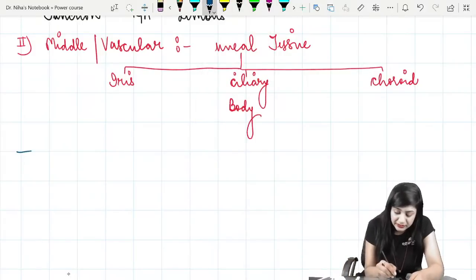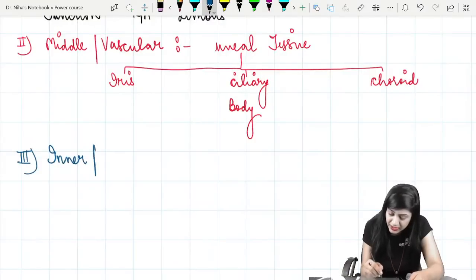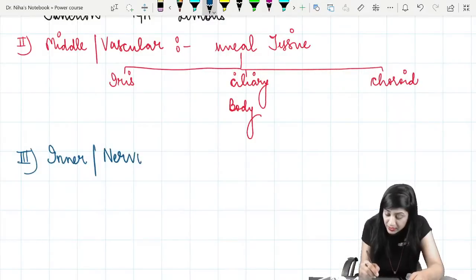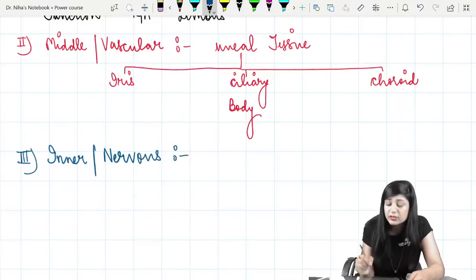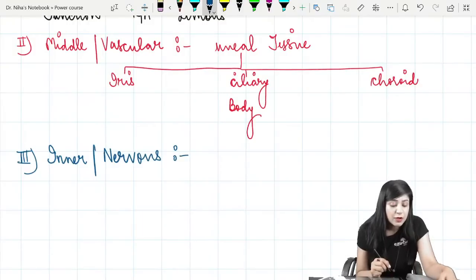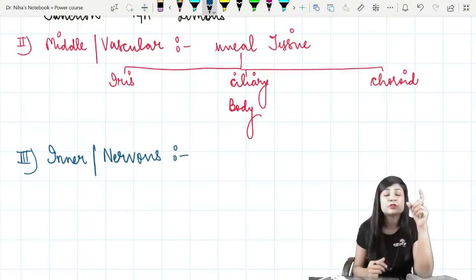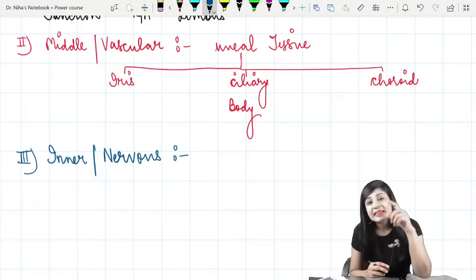And finally the third is the inner. Inner is the nervous coat. Now this nervous is not anxiety, guys. It is the neural function. So which is responsible for doing the neural functions? Where do you have the image formation and who is taking the impulse?